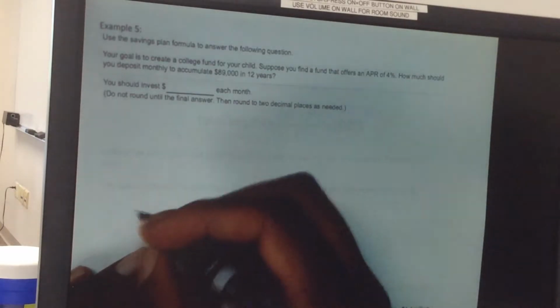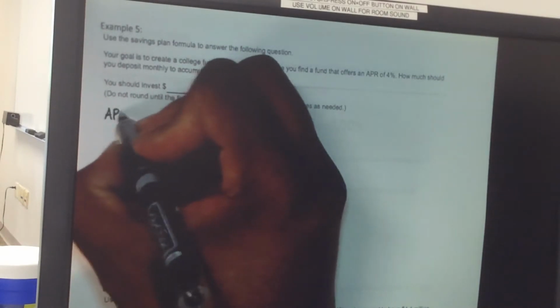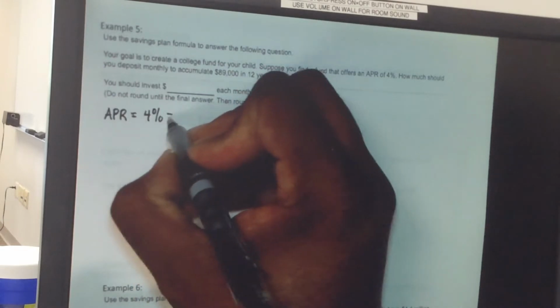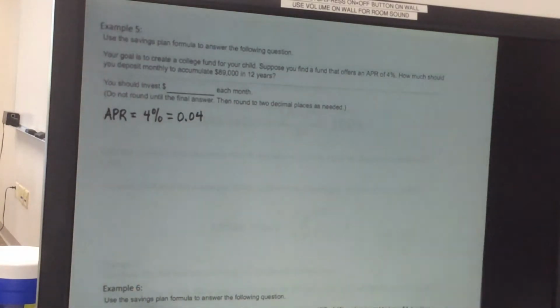So in this case, here we have a fund with an APR of 4%. And now 4% as a decimal is, of course, 0.04.